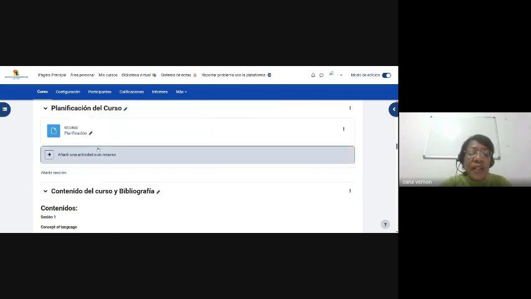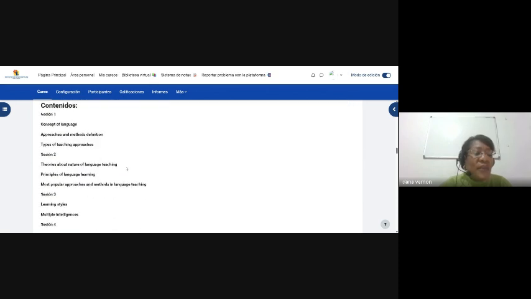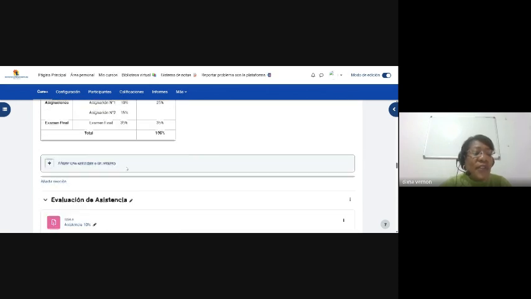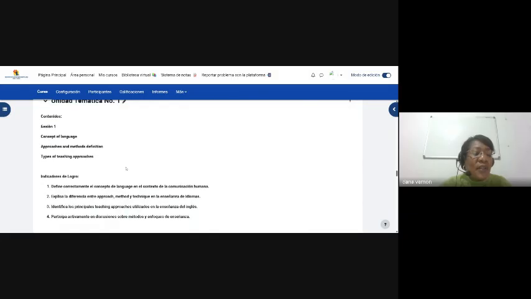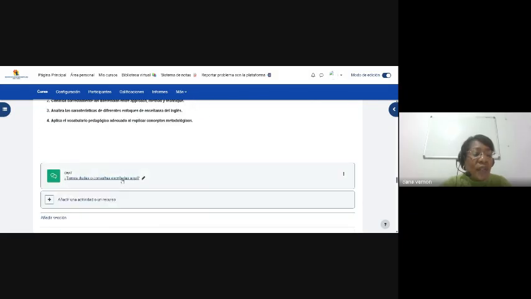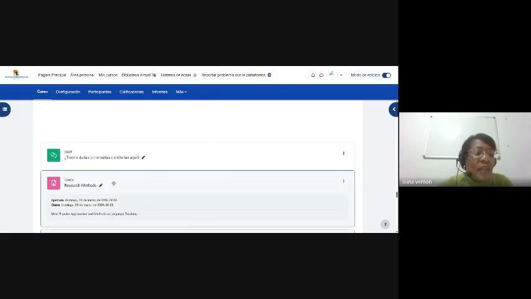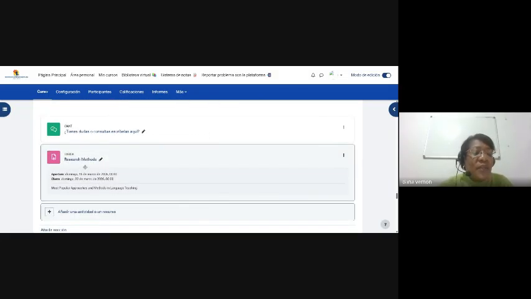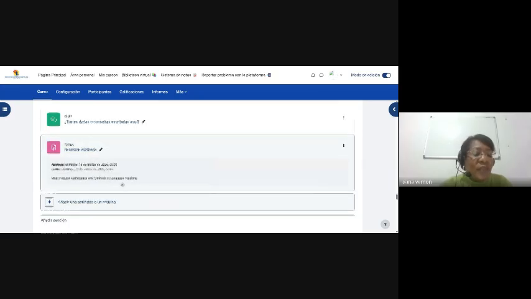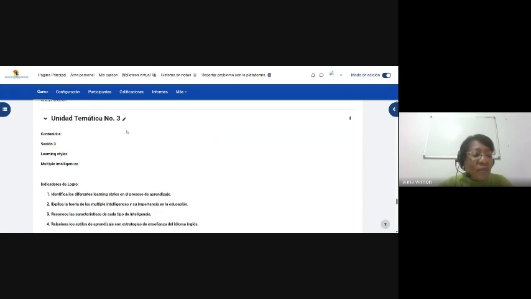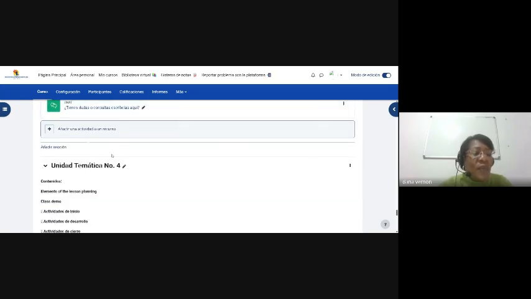And the other one, let me see here, content here. I'm going to put two of them here, thematical number one, thematical number two. See the research method? I'm going to put another activity here, okay? It's two of them. And thematical number three, I'm going to put the same two activities here, okay?